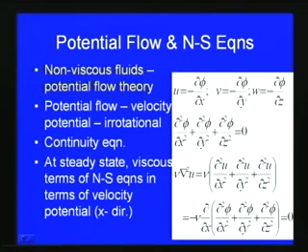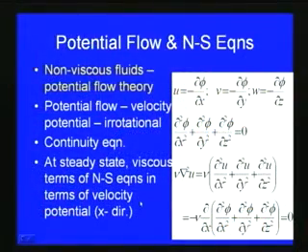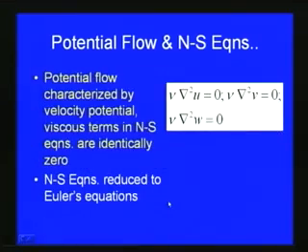So, for non-viscous flow, especially with respect to potential flow theory, at steady state the viscous terms of the Navier-Stokes equation, once written in terms of the velocity potential, show that nu del square u is equal to 0. In a similar way, in the y and z directions, nu del square v is equal to 0 and nu del square w is equal to 0.